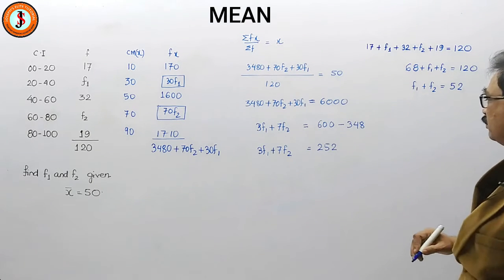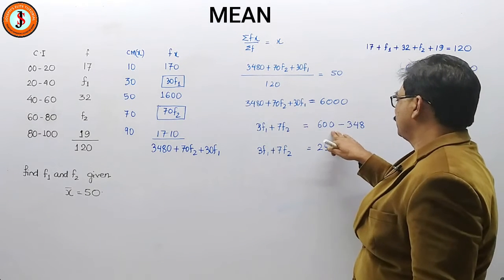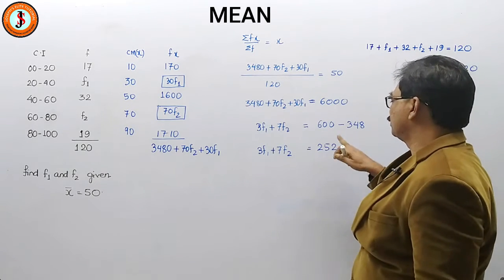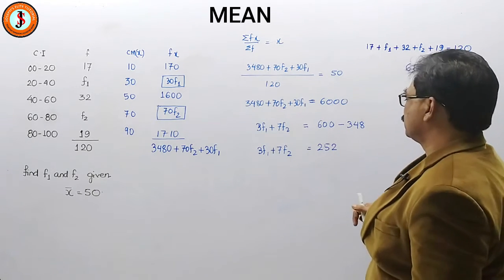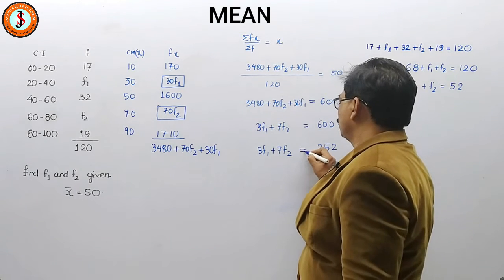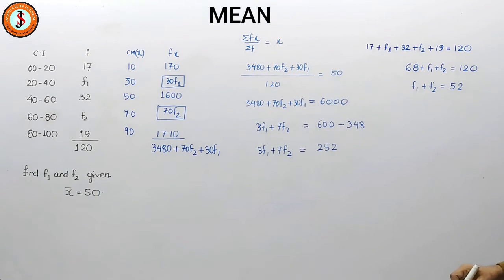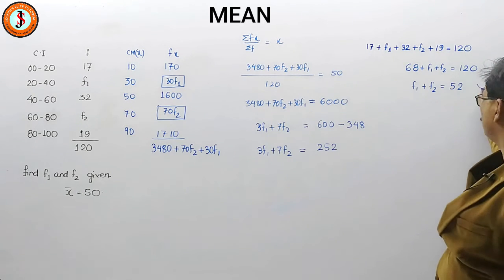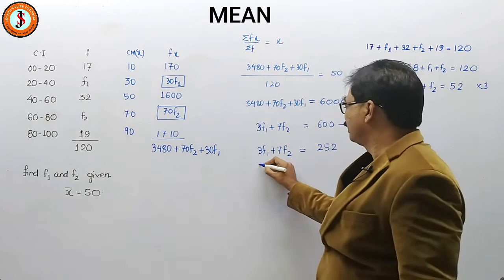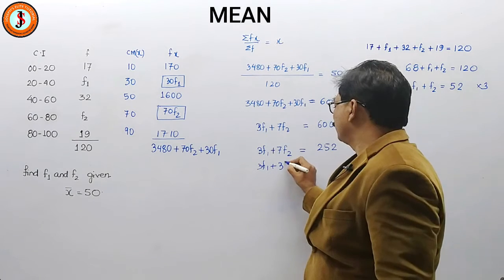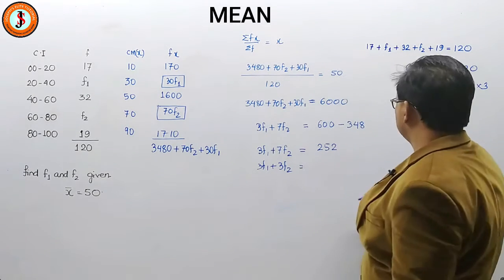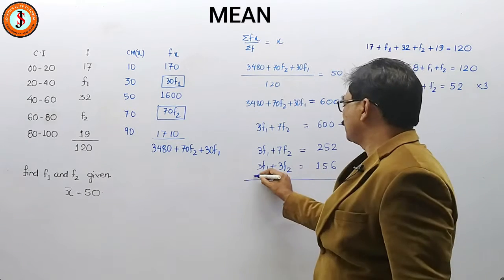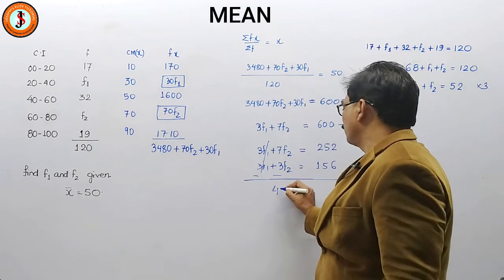Let us check it: 600 minus 348 is 252, that's right. So now I've got 3F1 plus 7F2 as 252. I've got another equation, F1 plus F2 is 52, so I multiply it by 3 and write it down here: 3F1 plus 3F2 is equal to 156, right? Then I subtract, this goes off, this is 4F2.